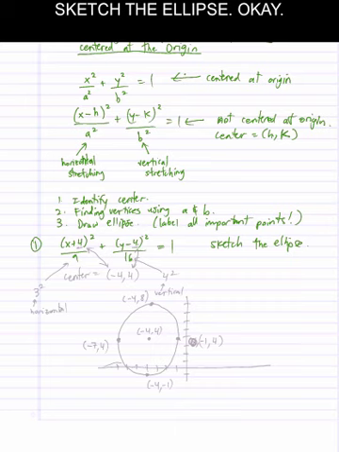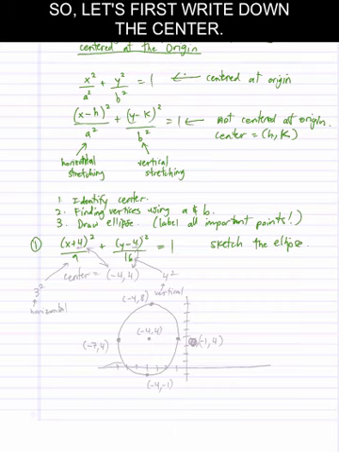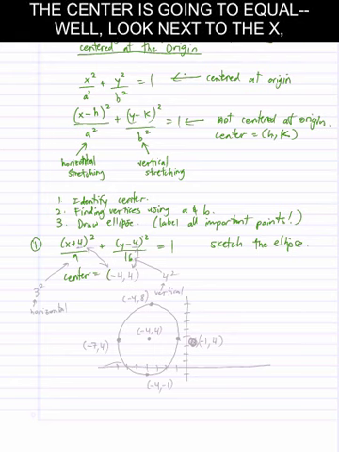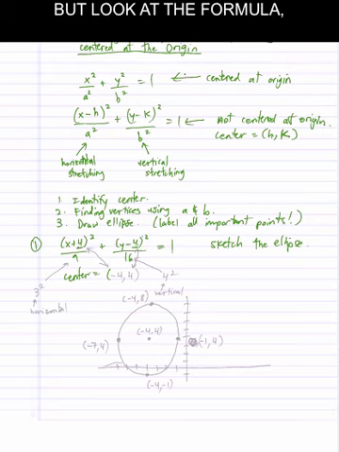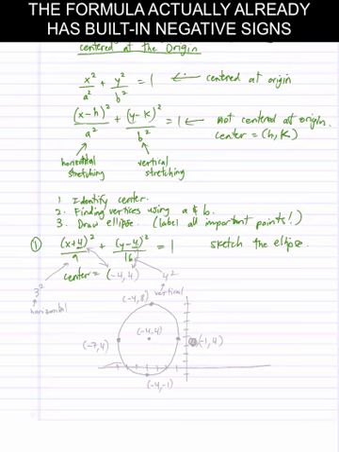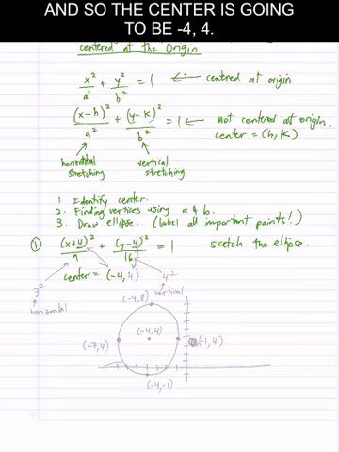Okay. So let's first write down the center. The center is going to equal, well, look, next to the x we have a 4, and next to the y we have a negative 4. But look at the formula. The formula actually already has built-in negative signs. And so the center is going to be negative 4, comma 4.